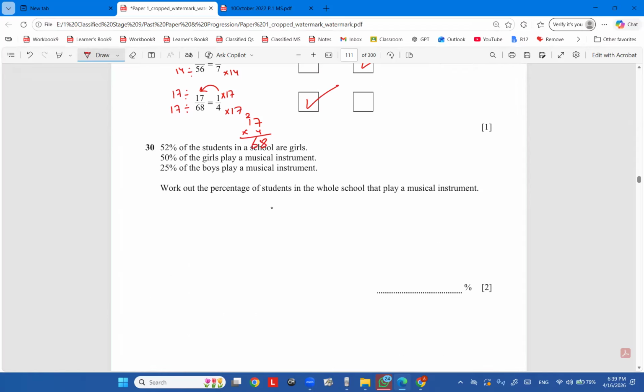52% of the students in a school are girls. So we know that the school is 100%, but they're saying 52% are girls. So what percent are boys? The rest of the 100%, which is 48%, are boys.